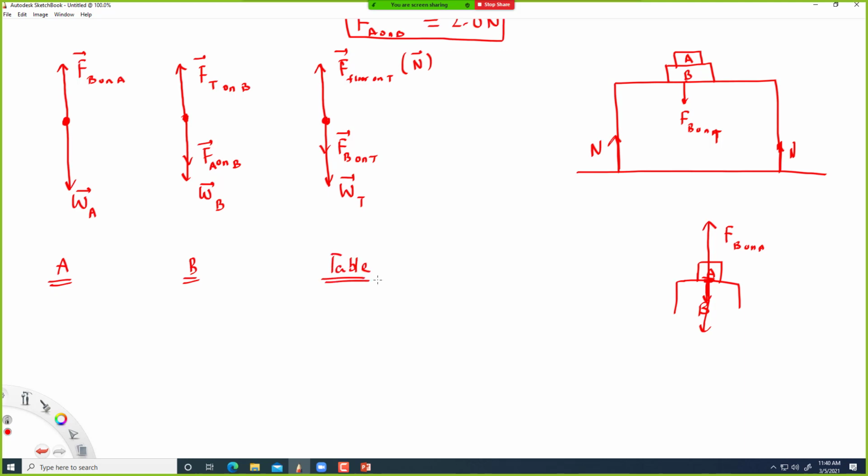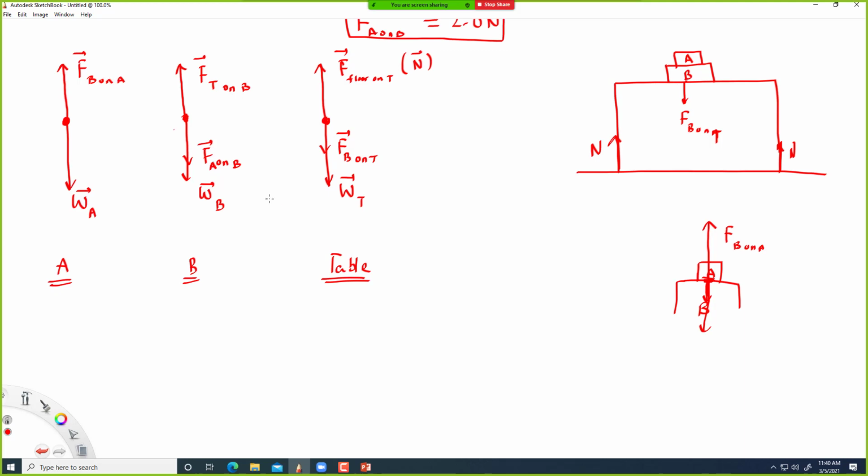Now we want to find the third law pairs. Third law pairs are pretty easy to find. If you have force of B on A, then switch the order of these letters, and that would be the opposite force, or reaction force.